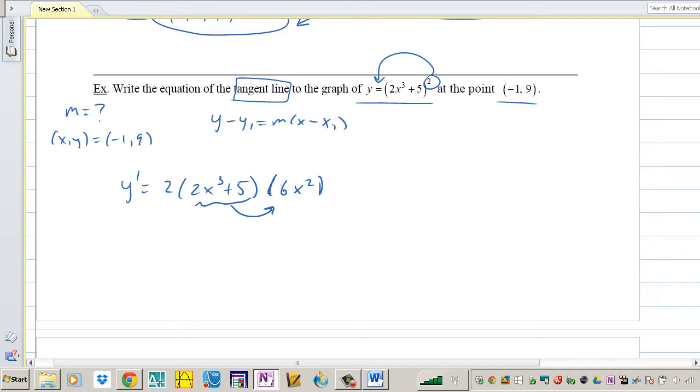Now, whenever you have to plug in a point into your derivative, notice I'm only plugging in -1 because I only have x's. I don't have any y, so there's no need for me to plug in 9 into my derivative. Later on we will be plugging in x's and y's, but since I only have x's, I'm only going to plug in the -1.